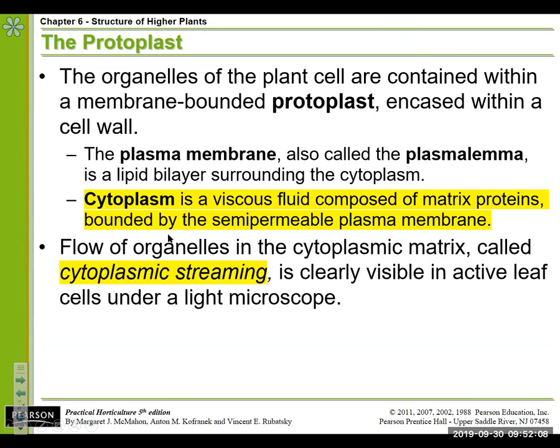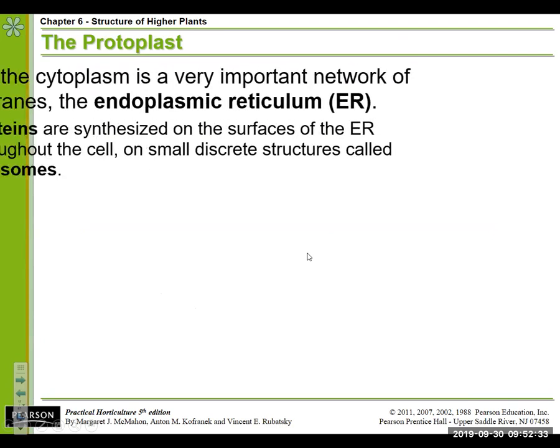The flow of the organelles and the cytoplasm itself is called cytoplasmic streaming. It is clearly visible in active leaf cells under a regular light microscope, and it's part of what we see when the cells start to reproduce and divide too. It is important to note that in the cytoplasm, there is a little bit of DNA as well.